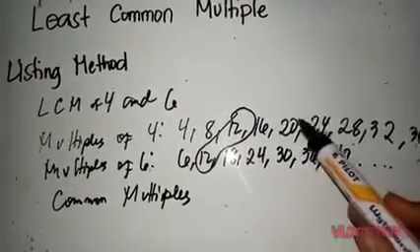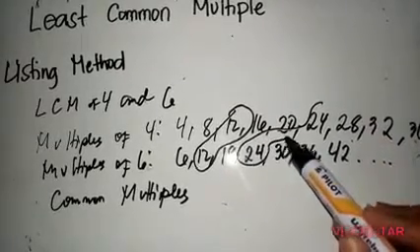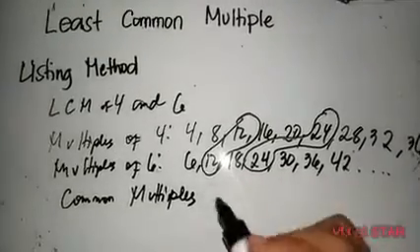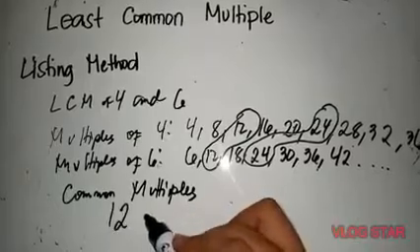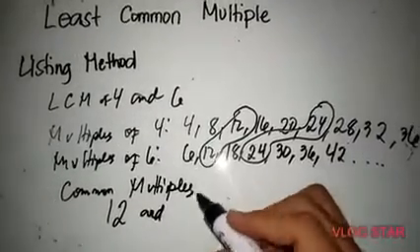Next, 16 is not, 20, 24. 24 is again a common multiple of 4 and 6. Then we will just write 12 and 24.